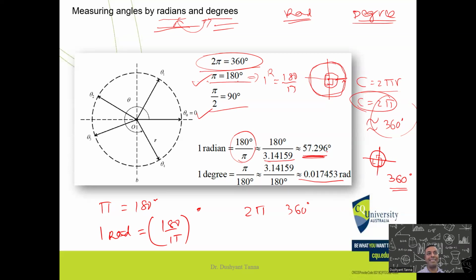Just write down arctan, arctan, bracket 1, just like this, and hit enter. And tell me, what do you see?